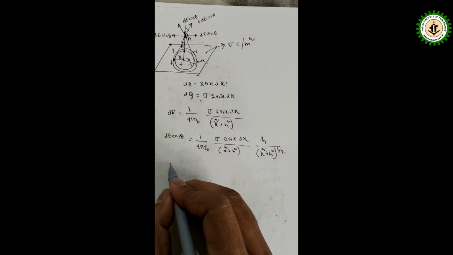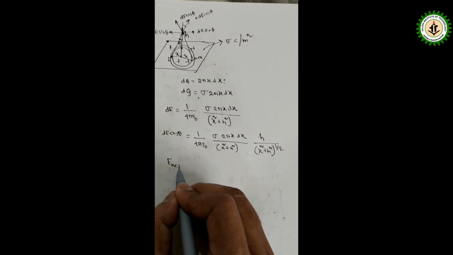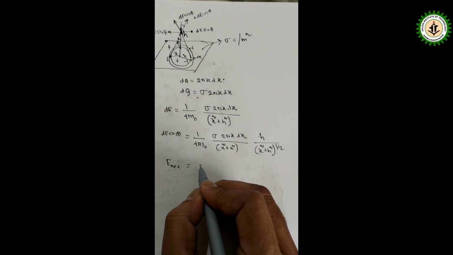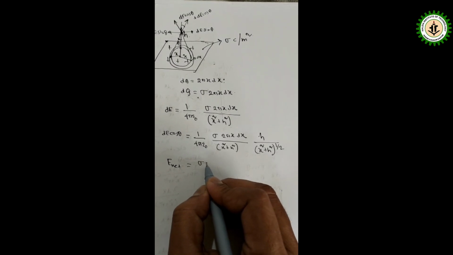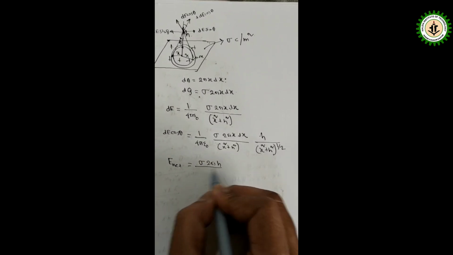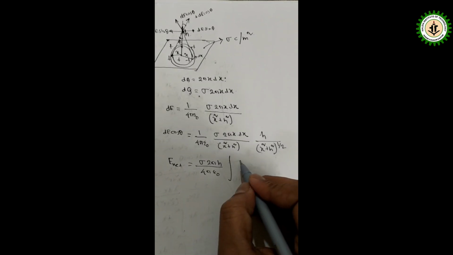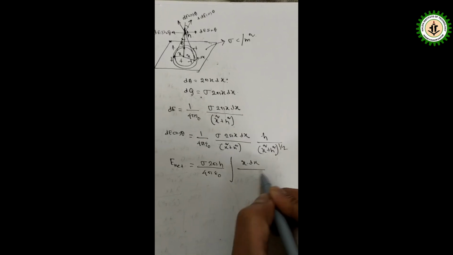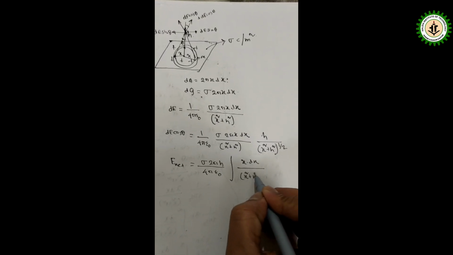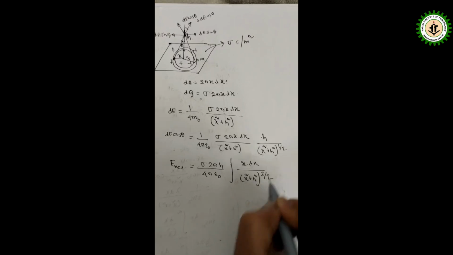Ultimately, when I calculate the net electric field, I have to integrate. Sigma 2 pi h by 4 pi epsilon naught are all constants. So here there should be x dx by x square plus h square to the power of 3 by 2.